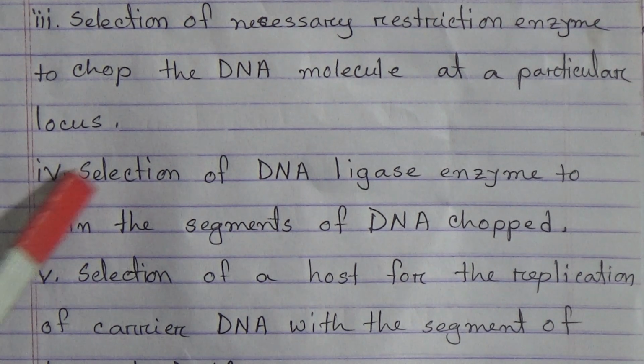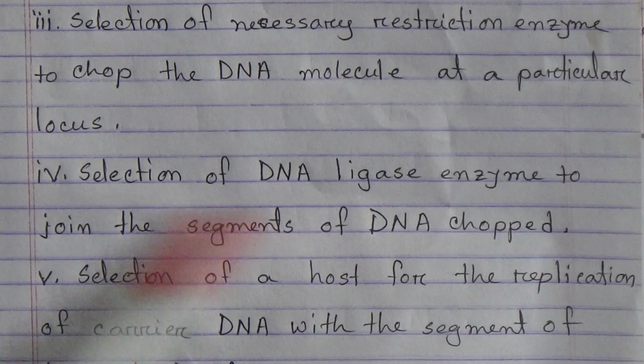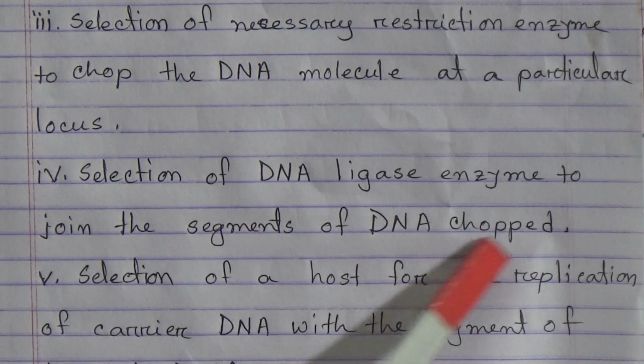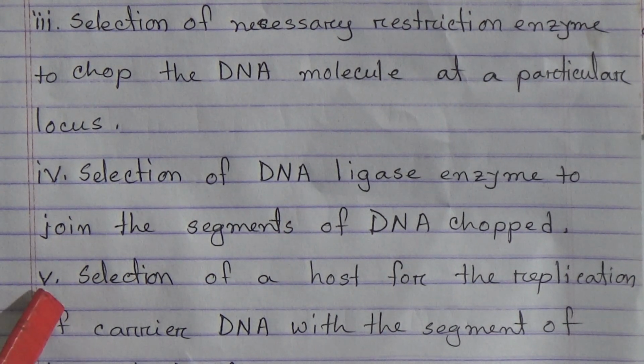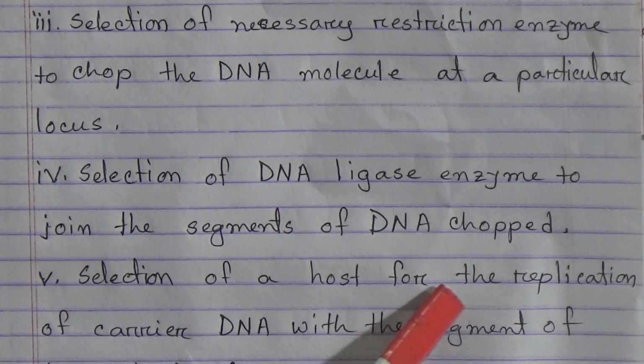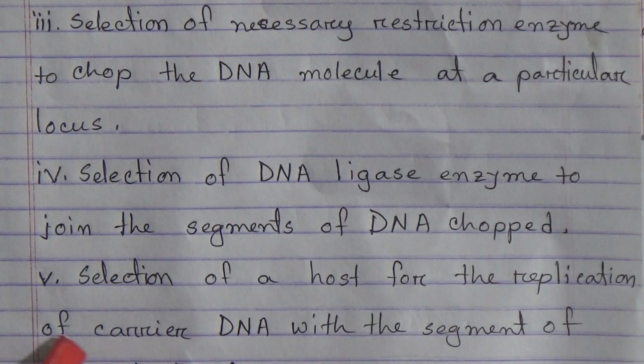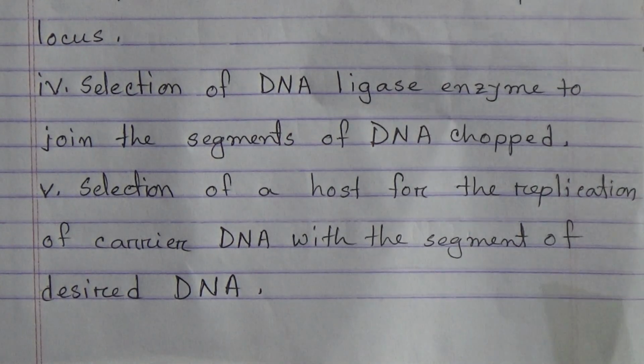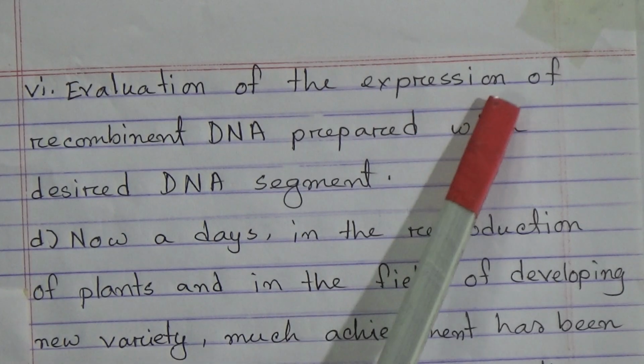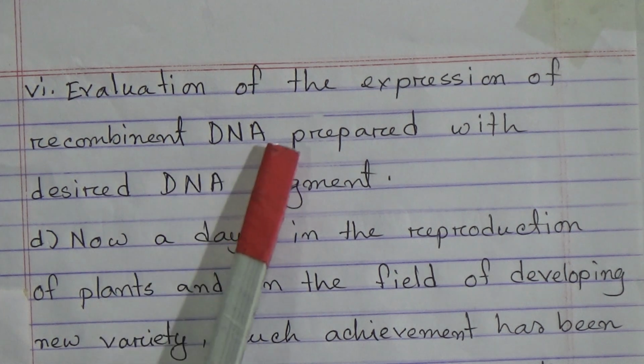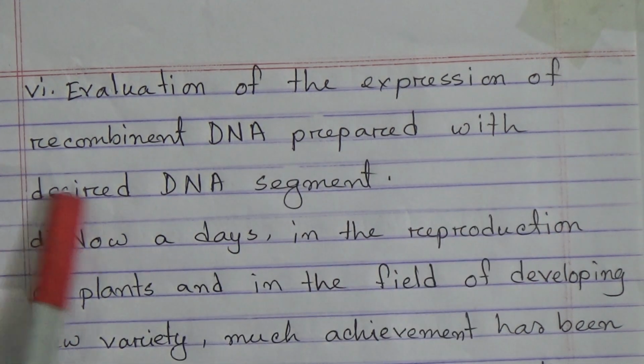Fourth, selection of DNA ligase enzyme to join the chopped segments of DNA. Fifth, selection of the host for the replication of carrier DNA with the segment of desired DNA. Sixth, evaluation of the expression of the recombinant DNA prepared with the desired DNA segment.